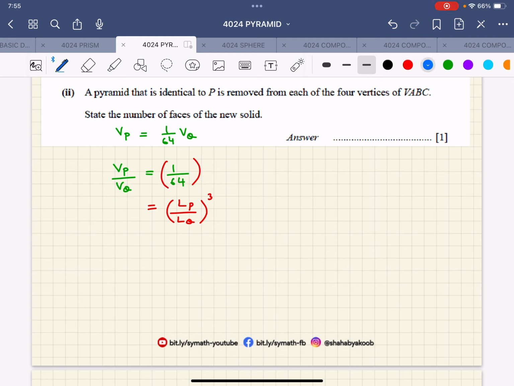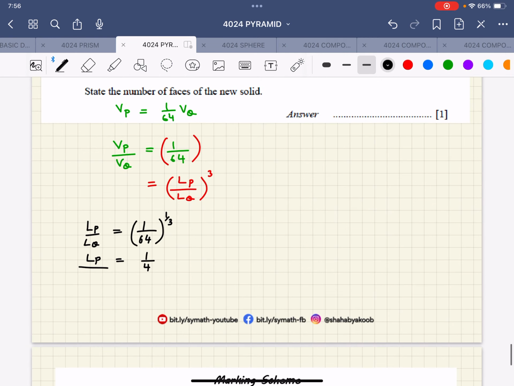That's the relationship. So LP is to LQ is the cube root of 1/64, which comes out to be 1/4. LP is the unknown one and Q is 8. So therefore LP is 1/4 of 8, which comes out to be 2 centimeters.